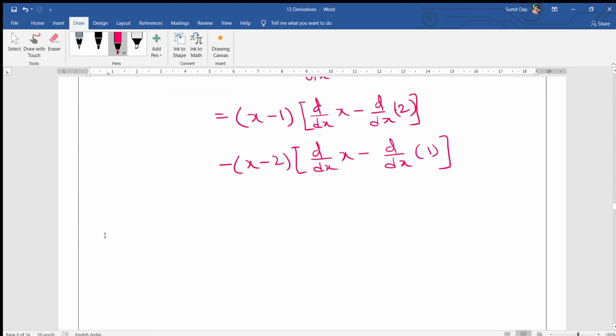Let me know in the comment box: what will be d/dx of x? What value will this d/dx of x be? Let's see how much you understand.